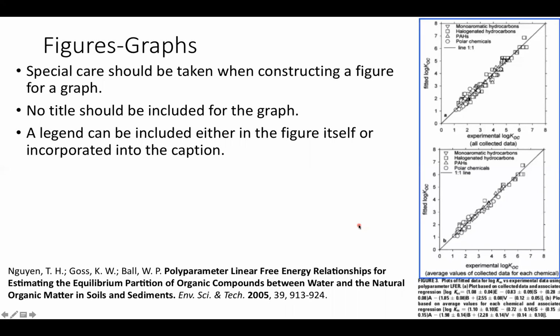Now, especially if you're dealing with multiple data sets, which is often a good way to approach the system, you should make sure to include the legend either in the graph itself, or occasionally, if that's cumbersome or there isn't enough room, you can give the information that would typically be in a legend in the figure caption to help distinguish which data points or which lines correspond to which set.